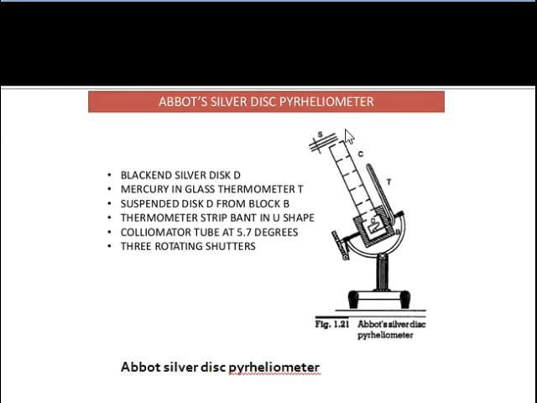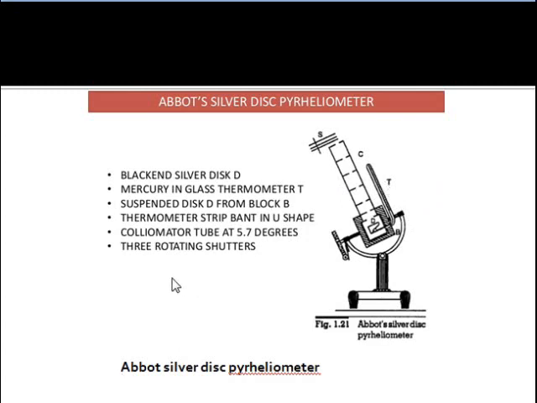What you can see here is three rotating shutters that will be operated depending on the closing and opening requirement of the pyrheliometer. And one more thing, this is a stable pyranometer, and this is again a widely used pyrheliometer in the measurement of solar radiation.